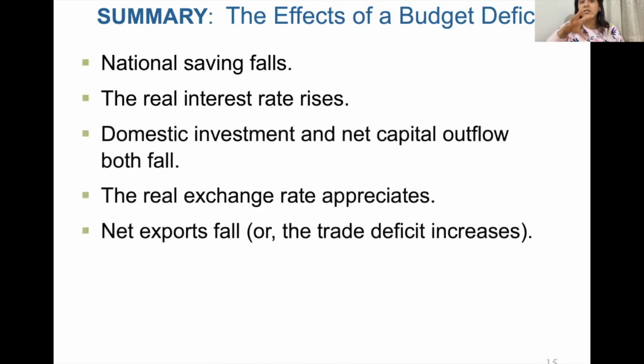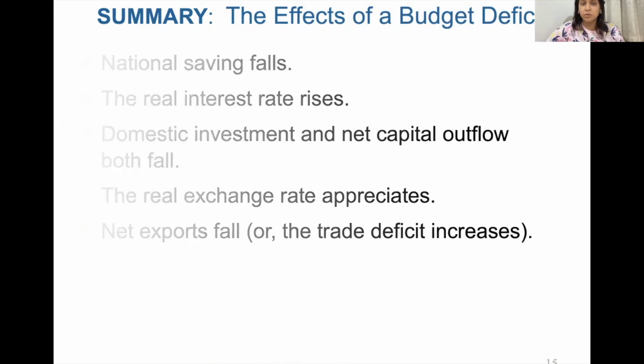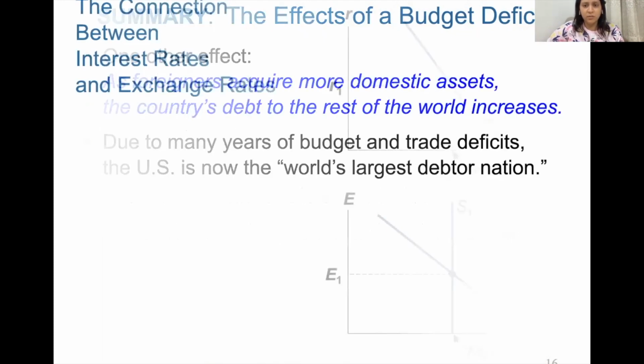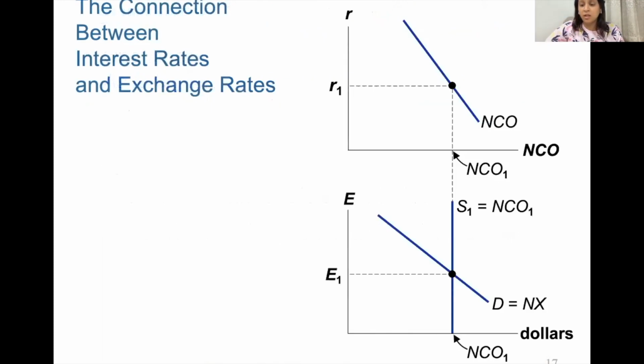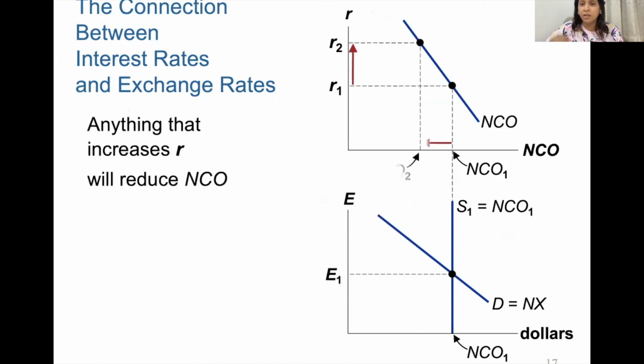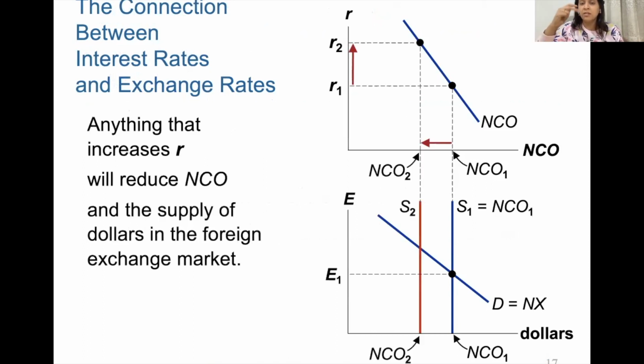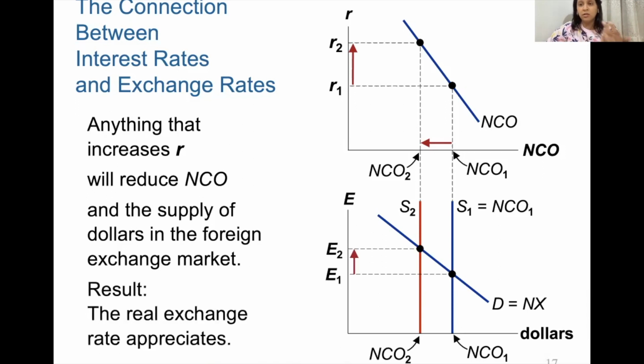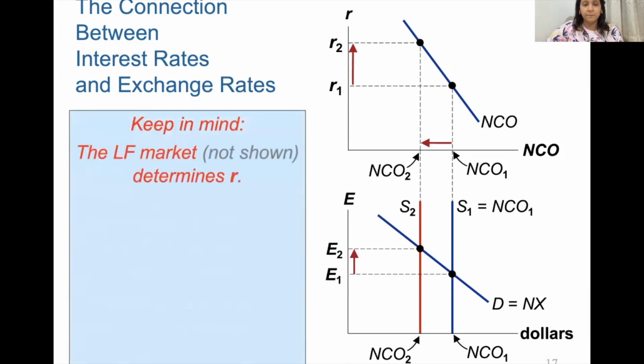And this is the entire cycle: whenever there's an increase in the interest rate, there's an appreciation of your currency and your net exports fall, right? So this is how they've tried to establish the relationship between real interest rate and exchange rate. Whenever there's a rise in the real interest rate, the NCO reduces, and as seen in the next diagram, the vertical one, you see that there's an appreciation of your currency.